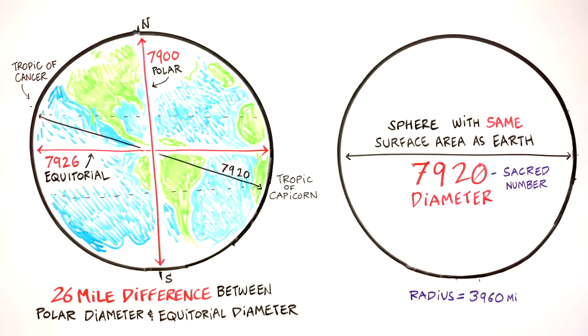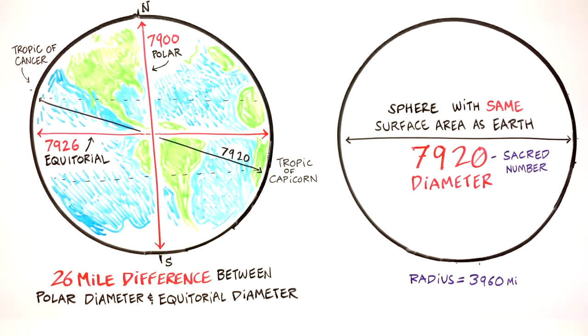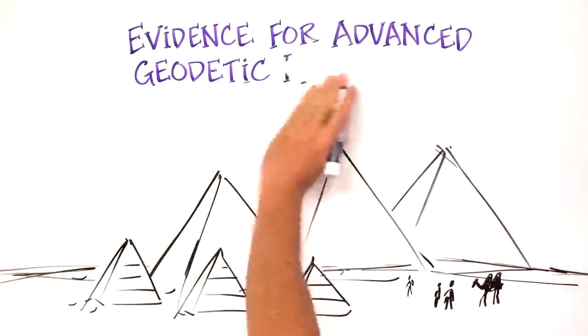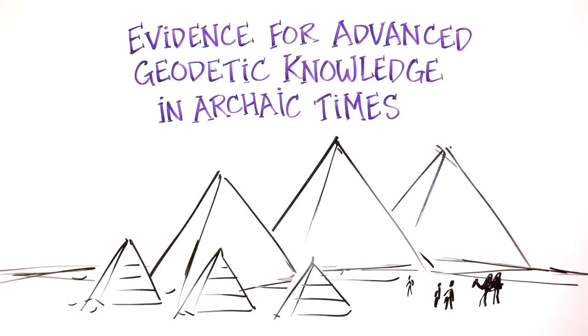And in most books you read, astronomy and so forth, when they're talking in round numbers about the radius or the diameter of the Earth, these are the numbers they use. 7920 and 3960. Okay. Now, what I've got here is evidence for advanced geodetic knowledge in archaic times.